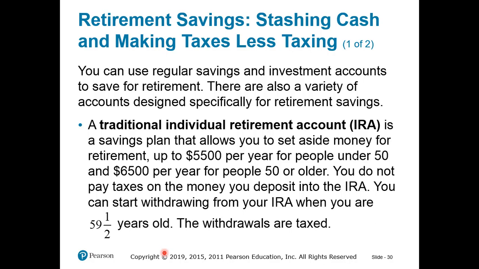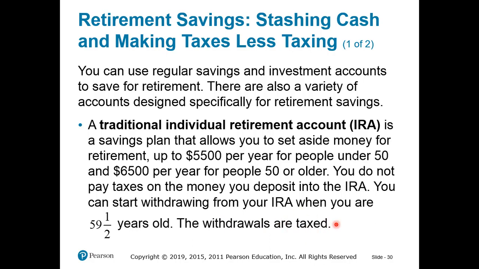It is a savings account plan that allows you to set aside money for retirement up to $5,500 per year, okay, for people that are under 50, and $6,500 per year for people that are 50 or older. You do not pay taxes on the money that you deposit into the IRA. You can start withdrawing from the IRA at 59.5 years old. The withdrawals are taxed, okay?